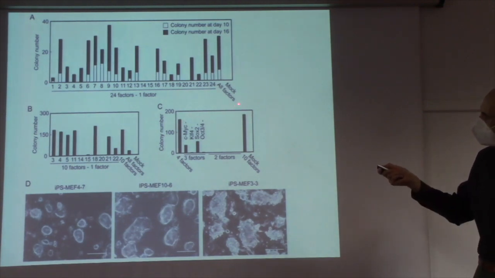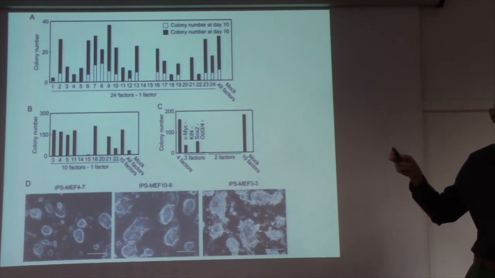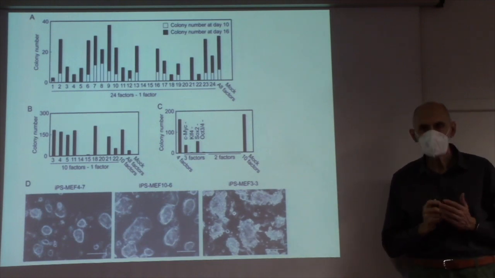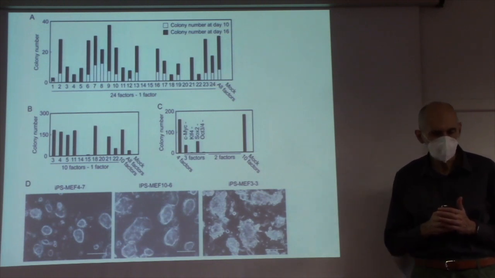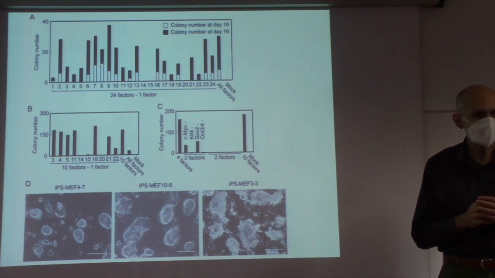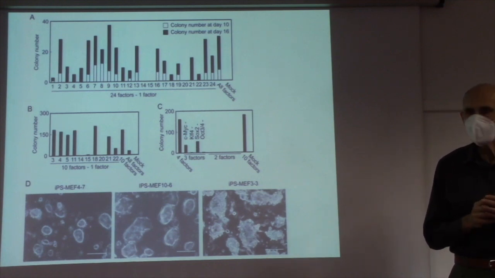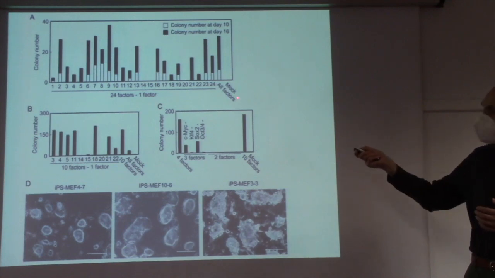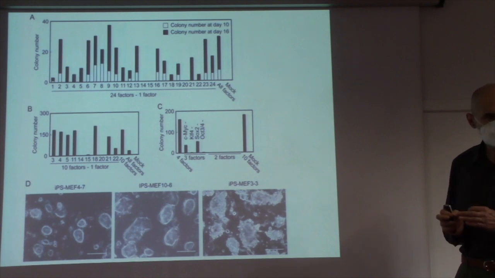Now, let's focus on these 2 last experimental points: all factors and mock. We have already reasoned about what the mock is for. We have said, Daniela said, that it is necessary to make sure that the colonies don't form by chance. This is a so-called negative control.